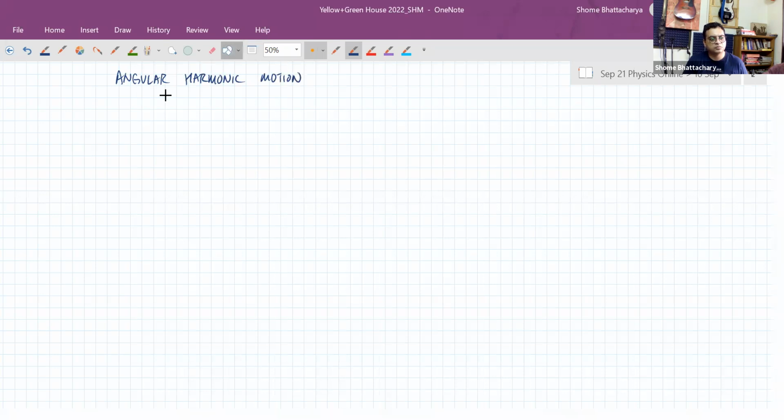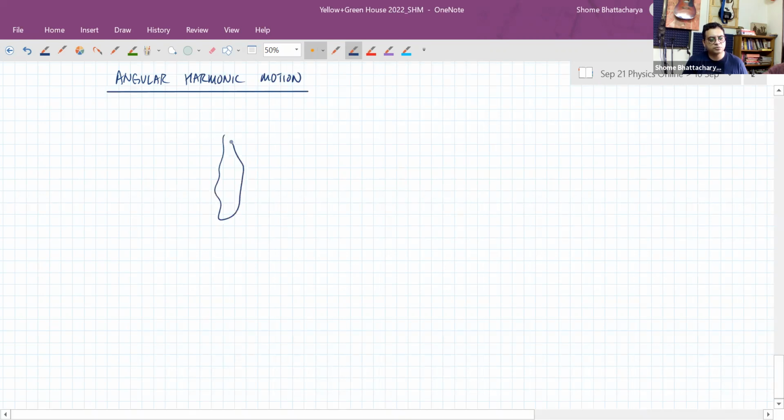So if any system has a situation where you have, let's say, a rigid body which has an angular equilibrium position, that means at this equilibrium position, the net torque is zero about a fixed axis.